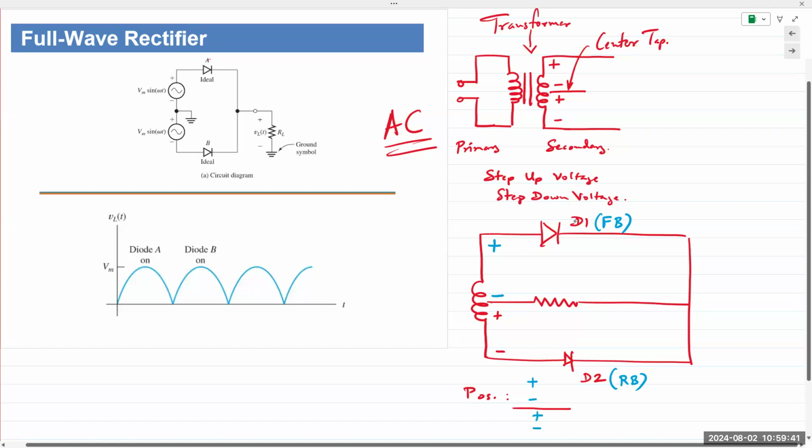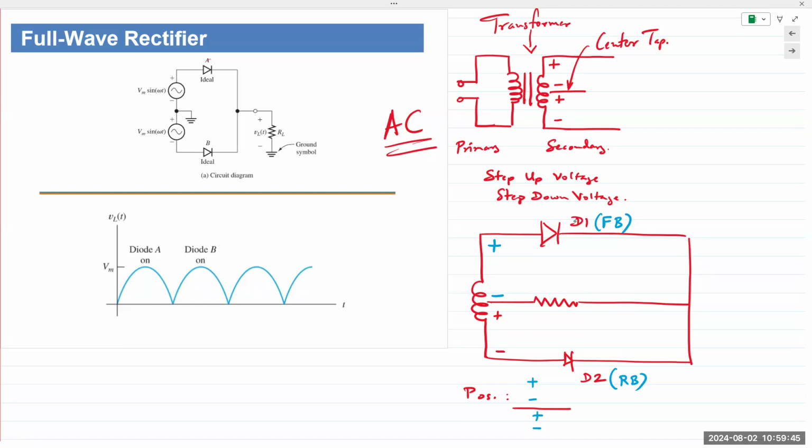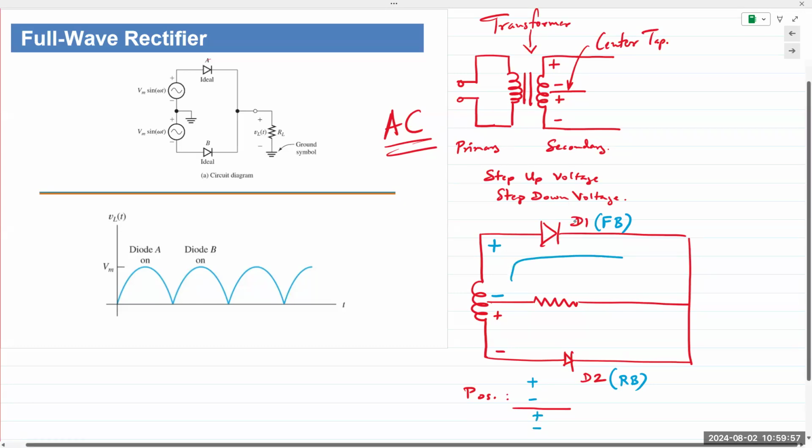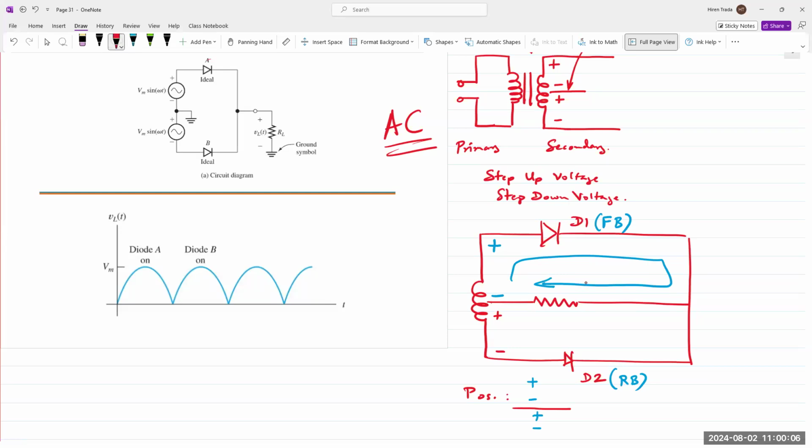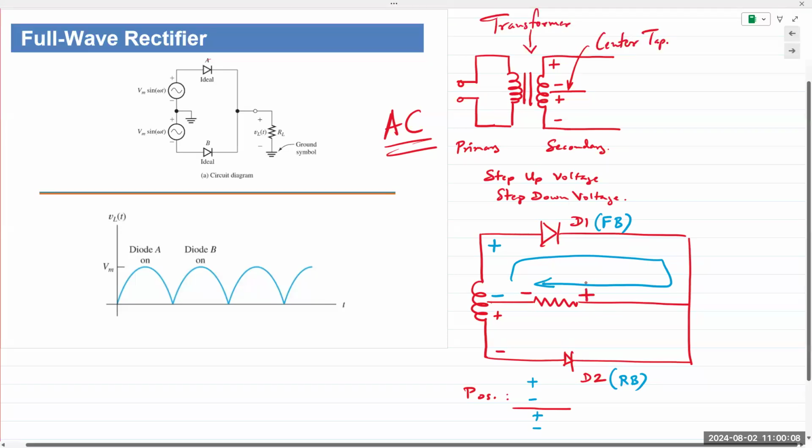Make sense? Right? Positive half cycle is connected to D1. That means anode is higher than cathode. Here, negative is connected to the anode of D2. So D2 is off, D1 is on. And because it's on, current flows to that load resistor, entering from the right. And so you have a plus on the right, minus on the left.